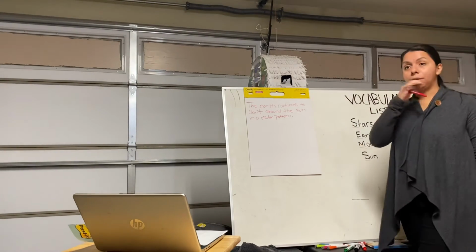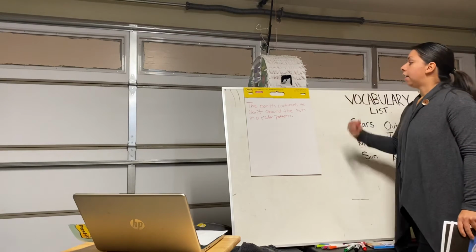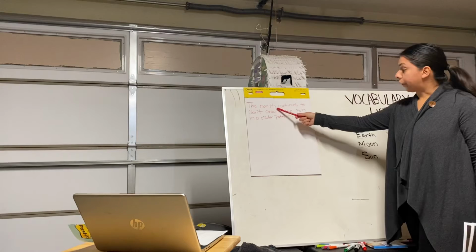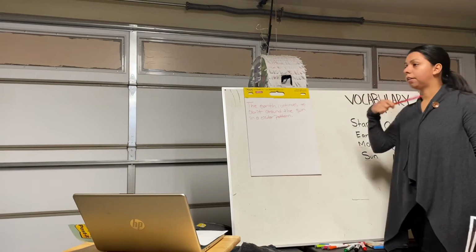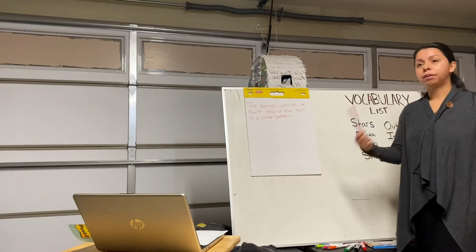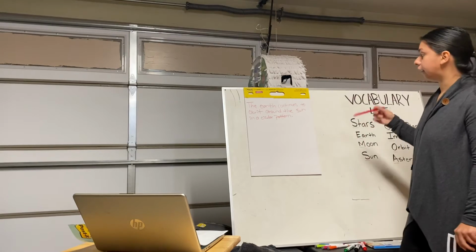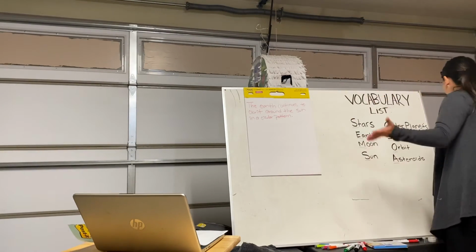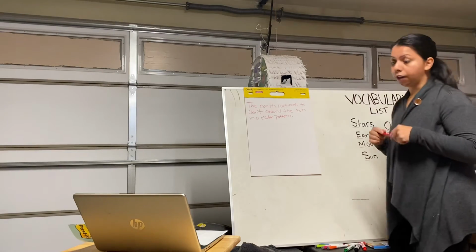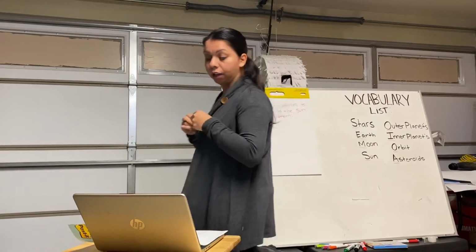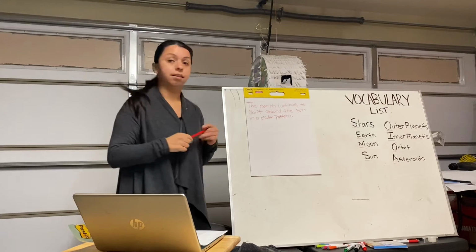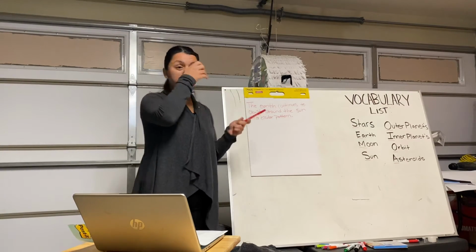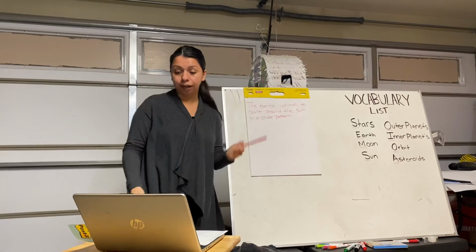Again, the orbit is the same pattern, and it goes with all the planets, with Earth, Mercury, Venus, with every planet. It continues to go around the sun in a circular pattern. Goes around and around, okay? So that's a great sentence. The Earth continues to orbit around the sun in a circular pattern, okay?